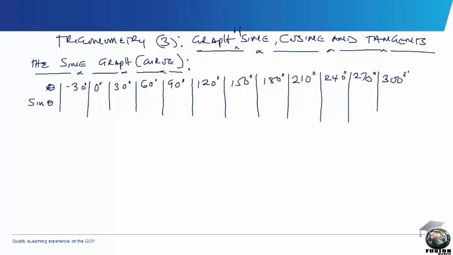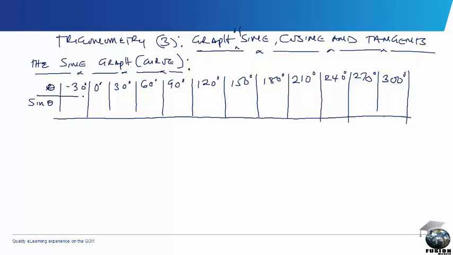We'll stop at this point because of space, and we'll write their corresponding values.